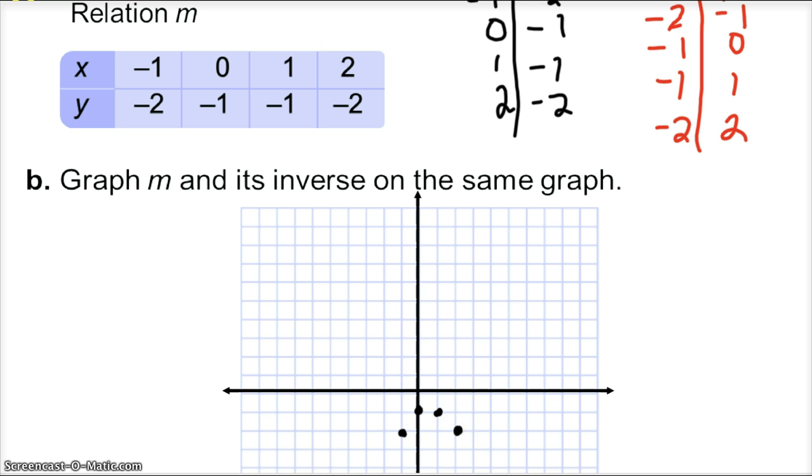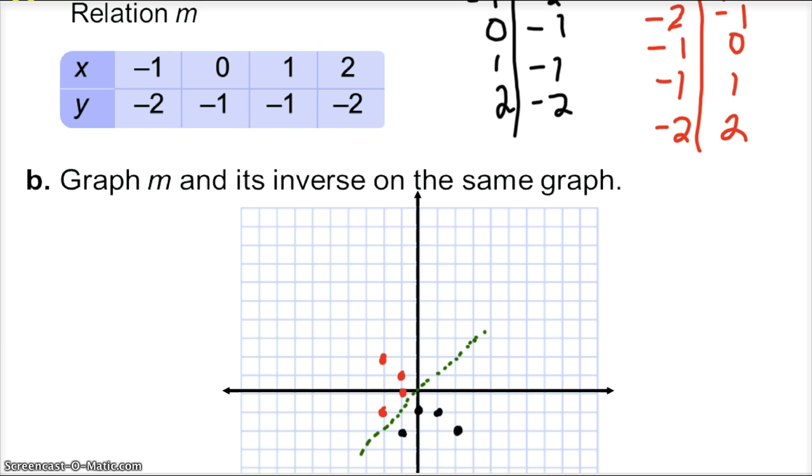All right, now graphing the inverse, we have -2, -1, we have -1, 0, we have -1, +1, and then we have -2, +2. If you were to take a line and go through the diagonal, the XY diagonal, you would see that the red is a mirror image of the black. Okay, pretty cool, huh?